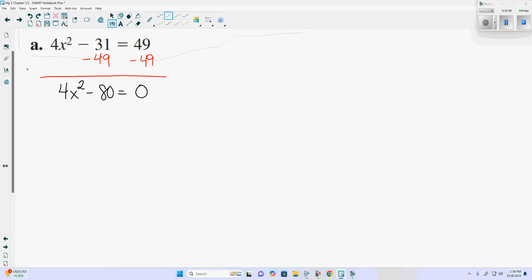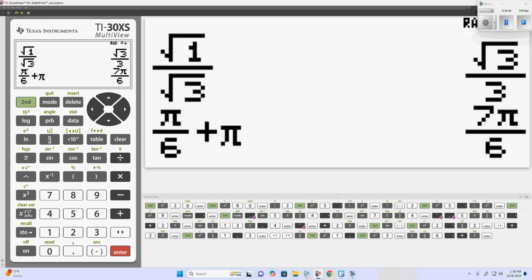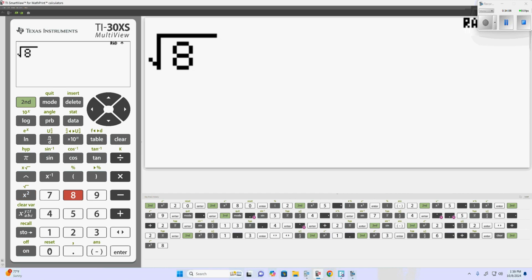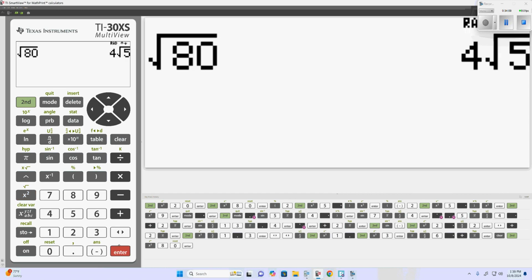Well, factor, we do have 2 things being subtracted, yes? Is 4x squared a perfect square? Can we multiply something by itself and get 4x squared? Yes, what is it? 2x, yes, because 2x squared, 2 times 2 is 4, x times x is x squared. What times itself is 80? Well, we can check. The square root of 80 is not a whole number, so is 80 a perfect square?